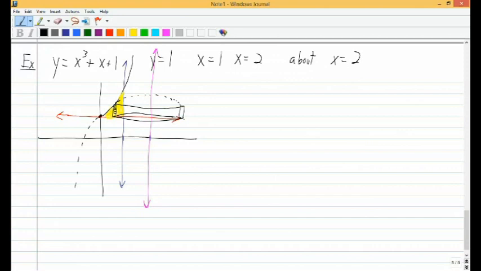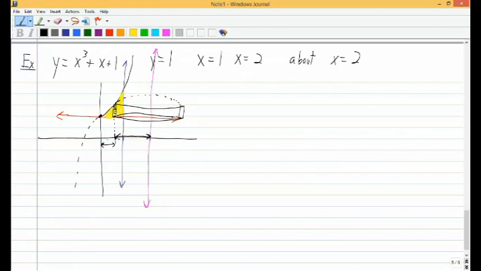Now, remember, the radius that we come up with for this particular one is going to have to be from this x all the way to the center. So we need to be able to get that whenever we plug in our equation. If I was just to use the x as my radius, just this x value, then I would just get this distance right here, and that's not right.